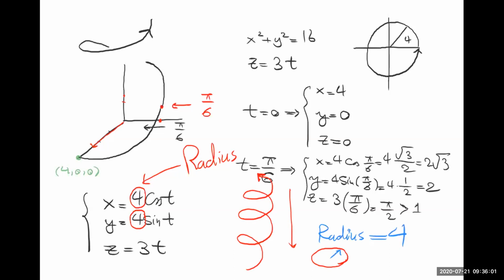It's 4, for example. The number here tells us how fast we are going to go up around this helix. So if this number here is 3, for example, in 1 second, we go from 0 to 3. It tells us how fast we go towards up.